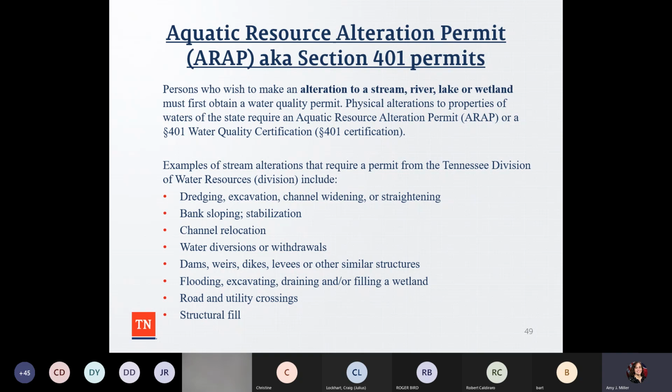So these are all things that if someone comes in and says, hey, I got to get a 401 permit, they should also be thinking about floodplain management and whether they are doing an engineering analysis? So it all ties in together.